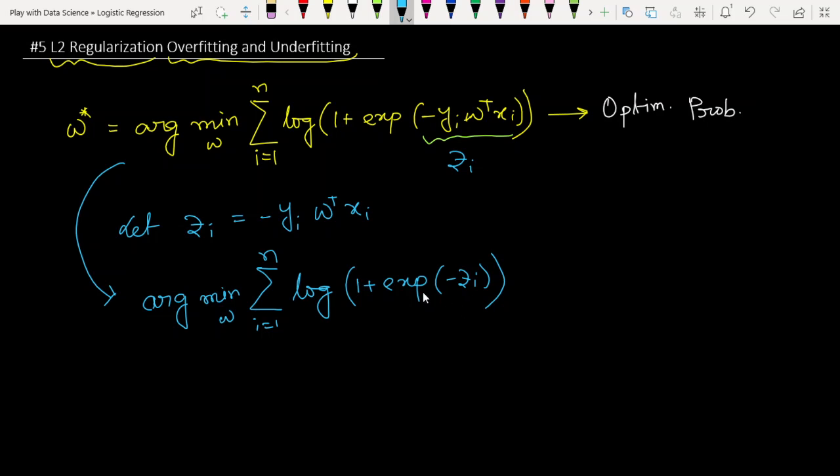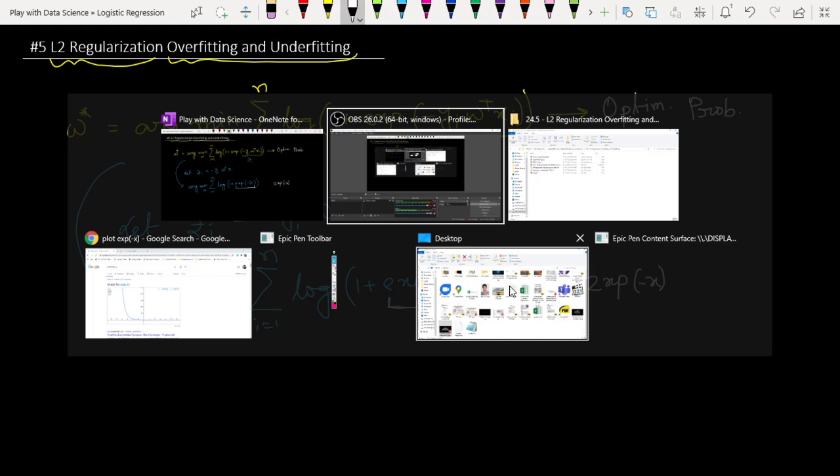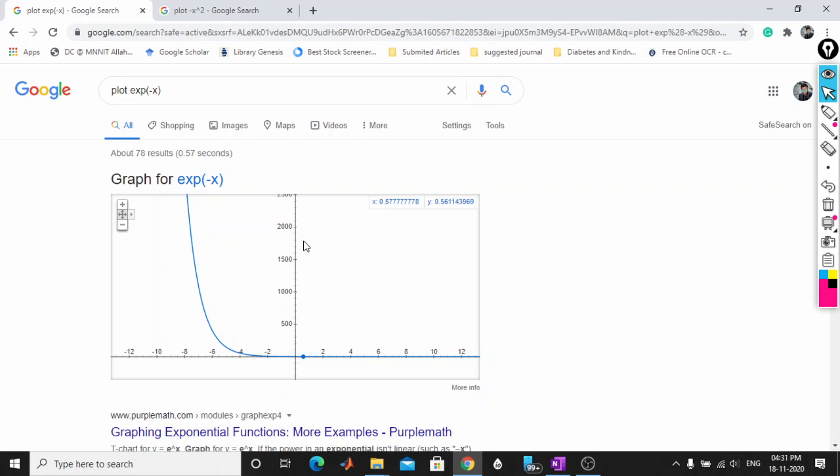So first, let's consider this function. What is the behavior of this term? Just for ease, recall what e to the power minus x looks like. Let's see the graph first. If you see the negative axis, this function is decreasing.